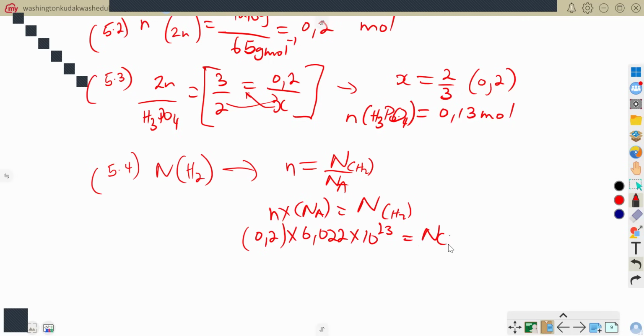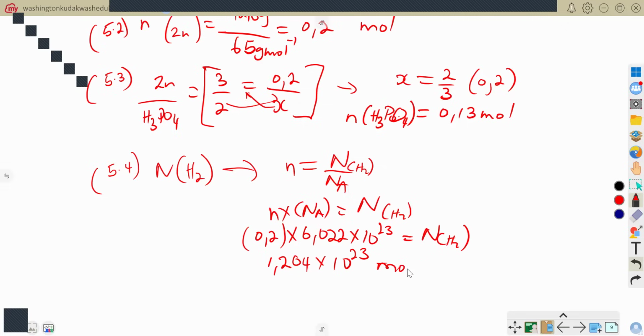So the number of hydrogen molecules formed, if I multiply there, would be 1.204 times 10 to the power 23, or else just 1.20 times 10 to the power 23 entities.